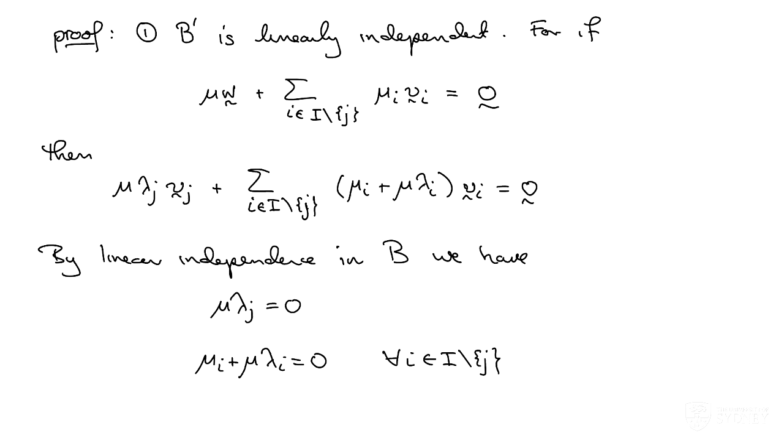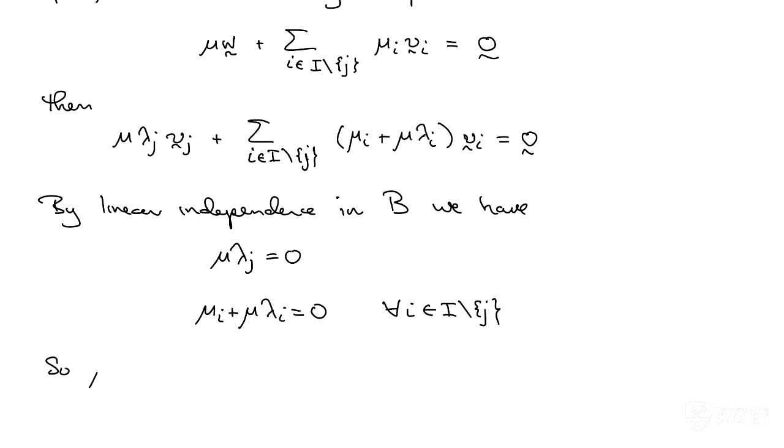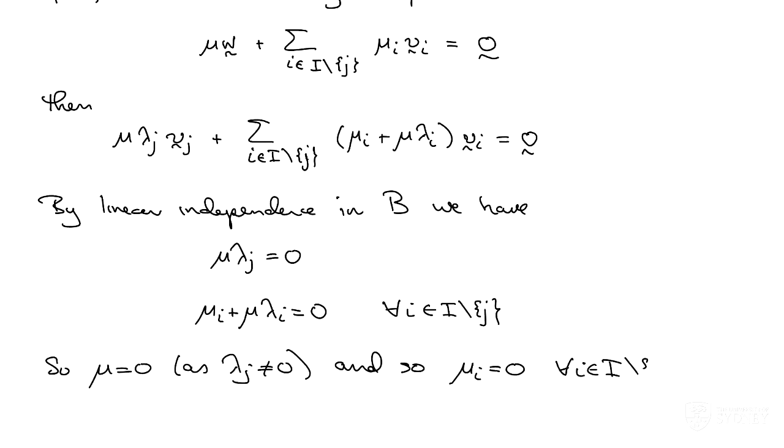But the first one there, remember that lambda j was part of our assumption, lambda j is non-zero, so that means mu has to be 0. But then the second equation tells us that all of the mu i's are 0 as well. So that verifies linear independence. If we have a linear combination that equals 0, all of the coefficients had to be 0.